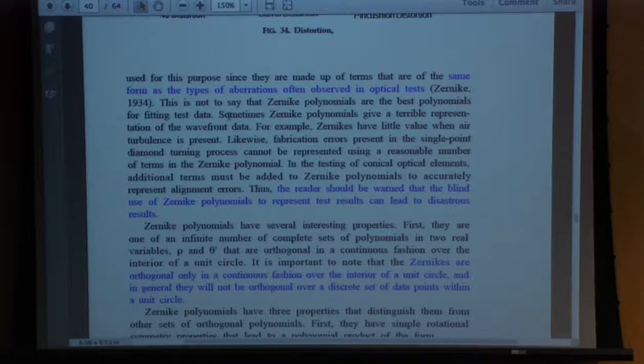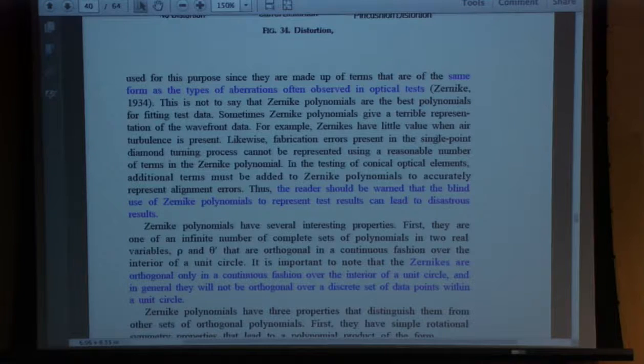But now, in many tests, you do the measurements at 1 million data points or 4 million data points or more. And so fitting of polynomials and doing interpolation is less important, although you generally fit some polynomials to find how much tilt you have or how much focus or spherical or coma and so on. Zernikes really are pretty good for fitting a lot of the data that you get in optical tests.